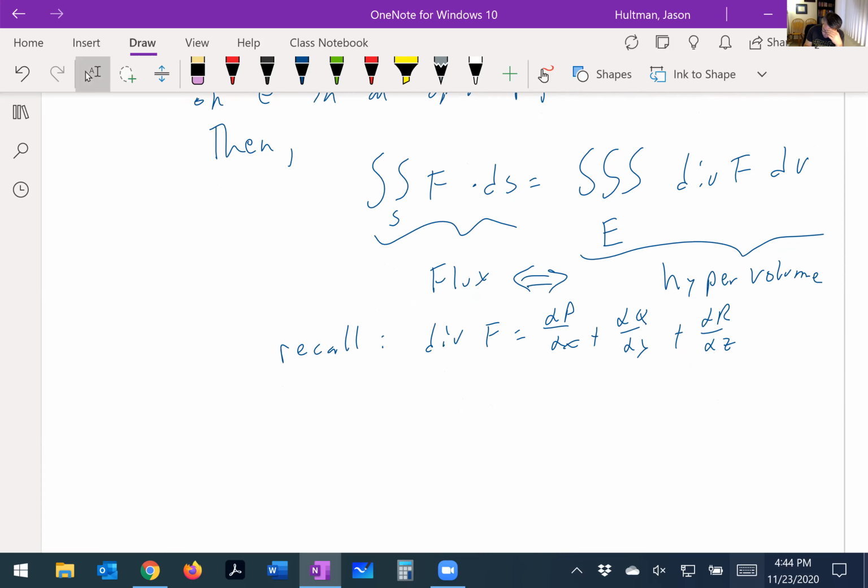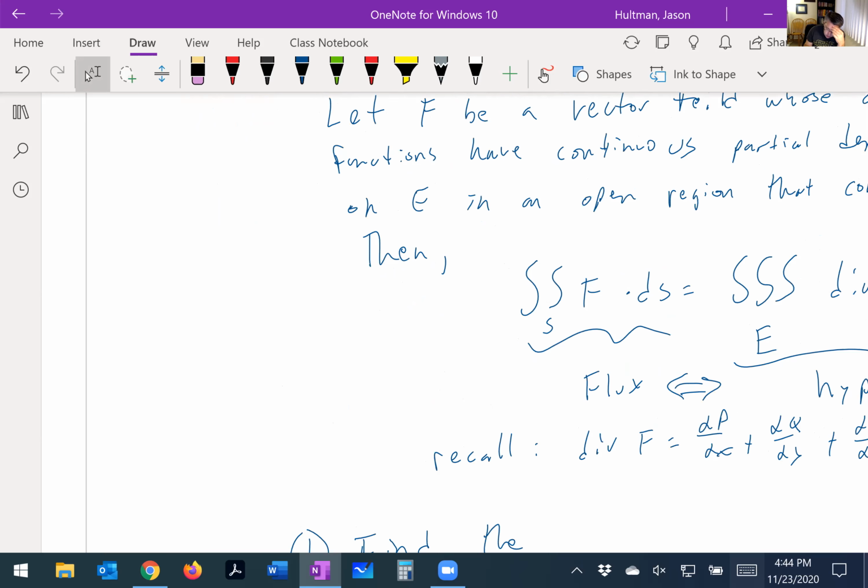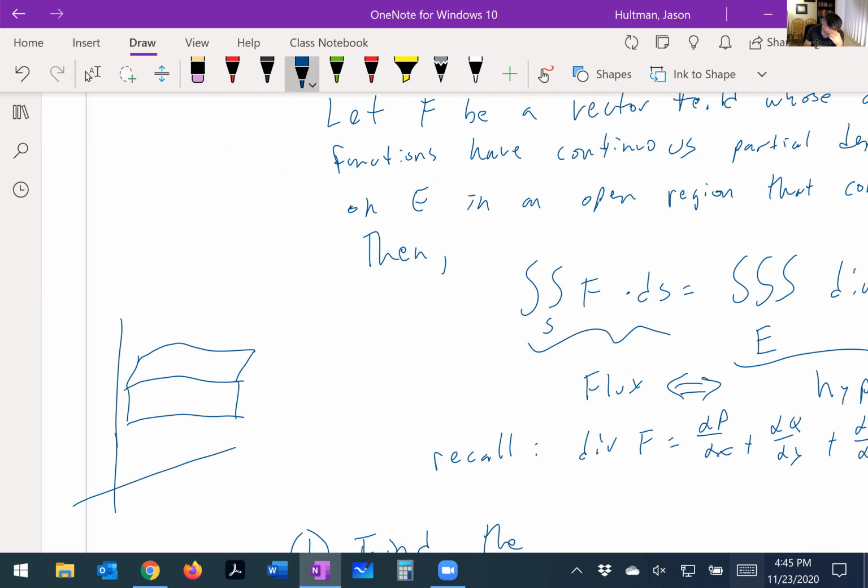Okay, number one. I didn't draw it, but just think of it as maybe something like this. This is E, some volume in space.